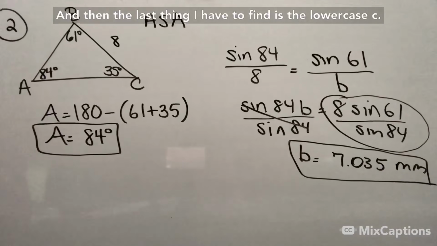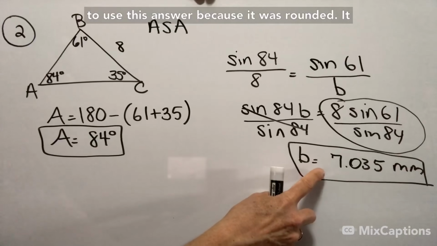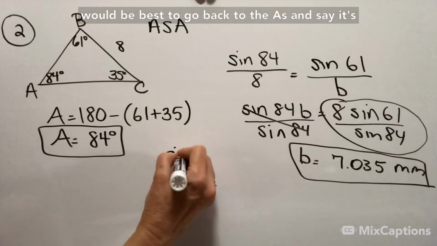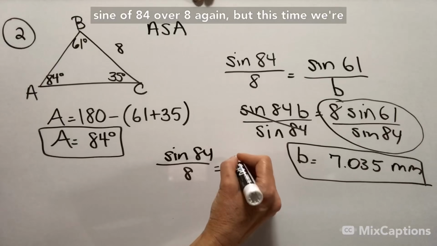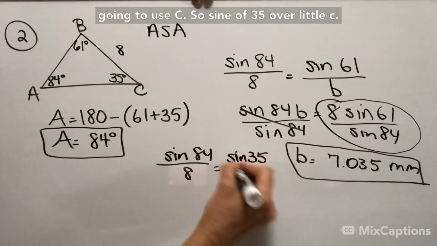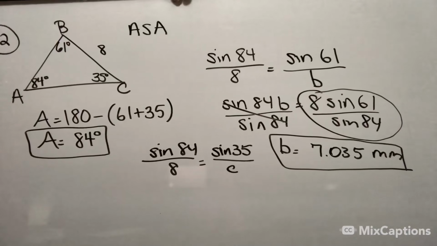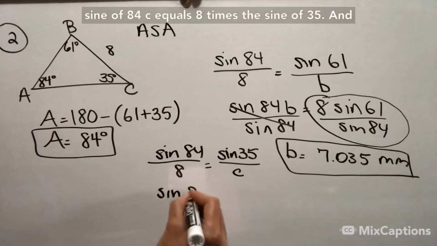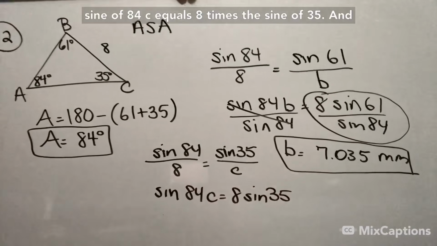And then the last thing I have to find is the lowercase c, so that would be the side over here. I don't want to use this answer because it was rounded. It would be best to go back to the A's and say it's sine of 84 over 8 again, but this time we're going to use c. So sine of 35 over little c. Then I will cross multiply again, so I'll have sine of 84 times c equals 8 times the sine of 35.